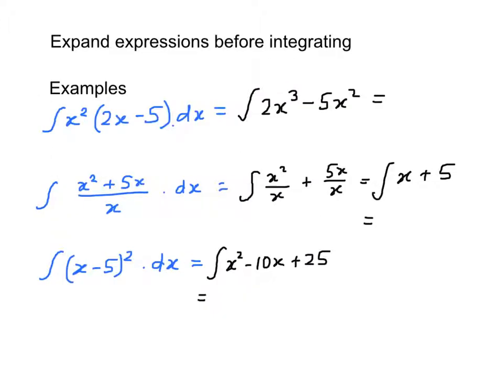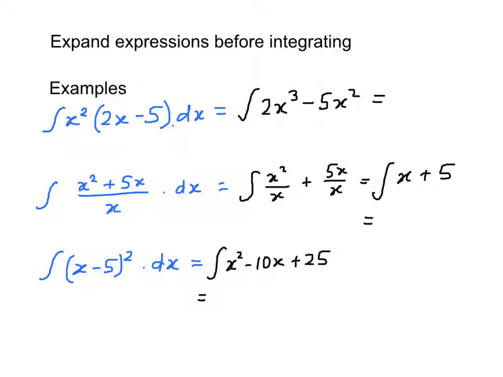Here is another, when we get a little bit more complicated. If you find that you've got brackets or fractions, then you need to expand the brackets, or simplify our expressions before we integrate. So if I have x squared outside the bracket, I'm going to multiply everything by the x squared.